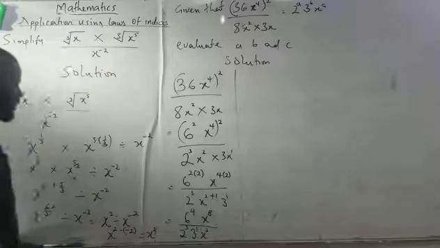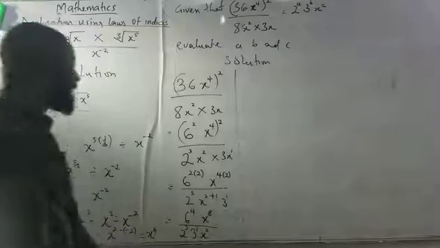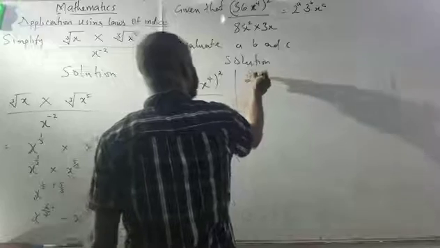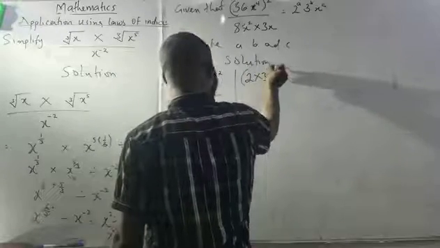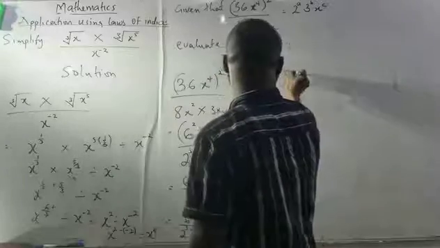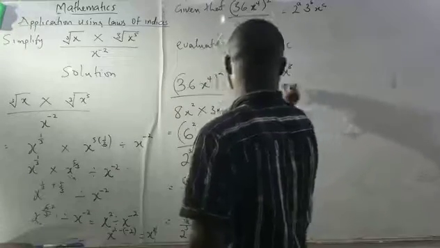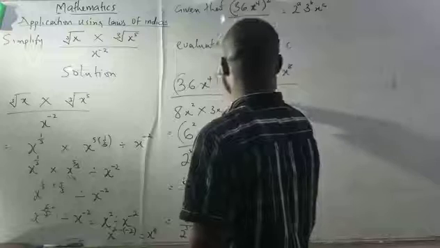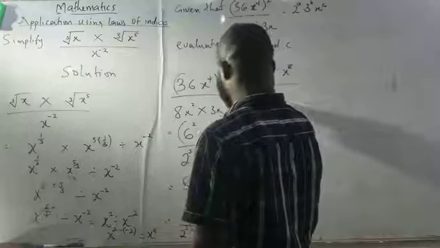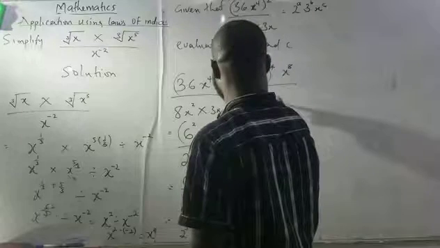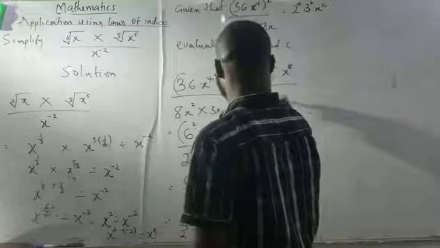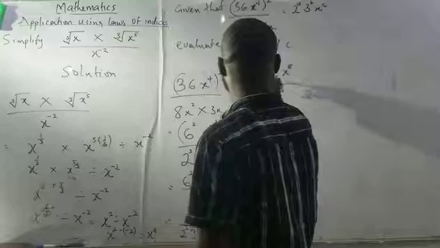For me to move on, I can say that 6 is 2 times 3, so it is 2 times 3 raised to the power 4 and x raised to the power 8, divided by 2 raised to the power 3 and 3 raised to the power 1 and x raised to the power 3.